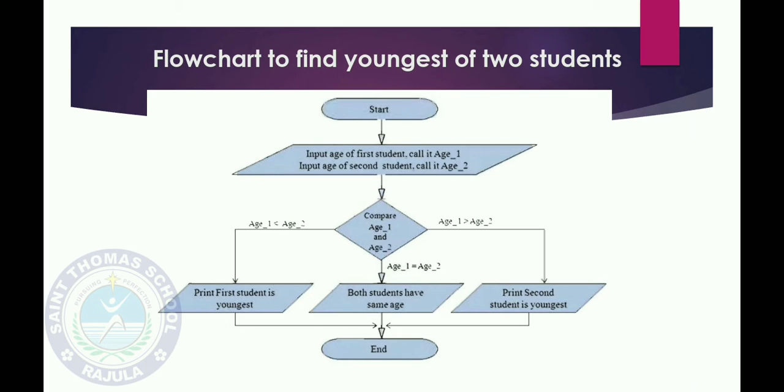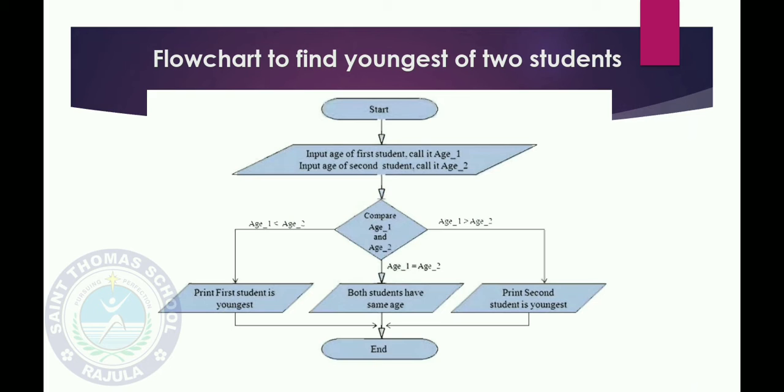Now if this condition is not true, then the next condition is there: if age 1 is less than age 2, then print that the first student is the youngest one. And if that condition is false, then if age 1 is greater than age 2, that means the second student is the youngest one.